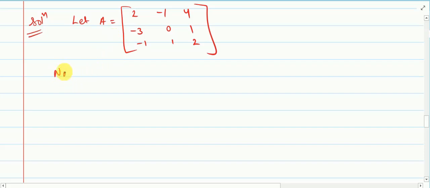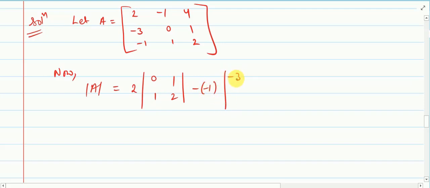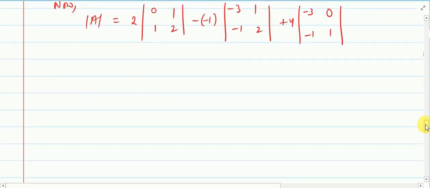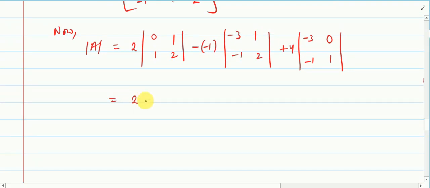So now determinant of this will be: 2 times (0 minus 1), plus 1 times (minus 6 plus 1), plus 4 times (minus 3 minus 0).